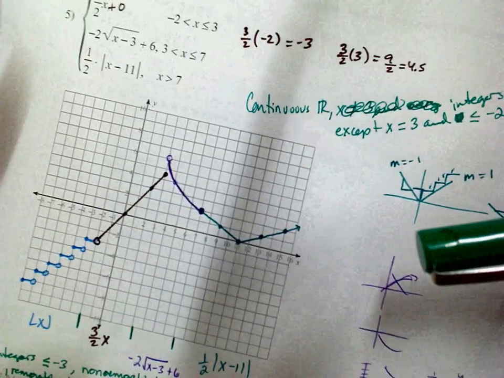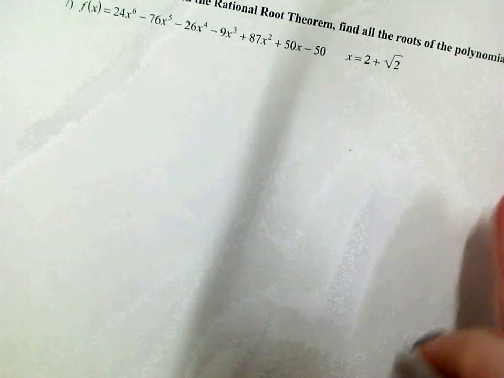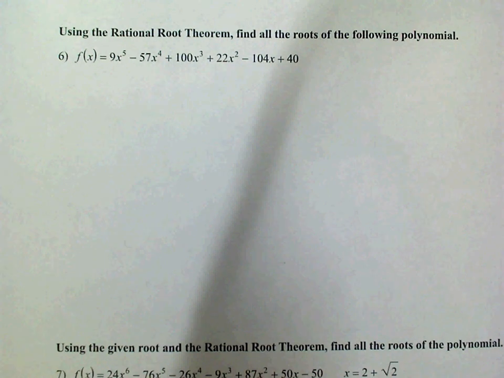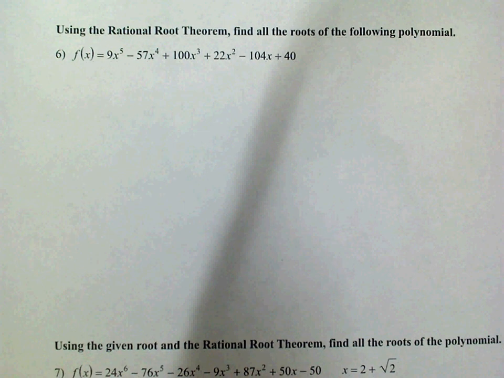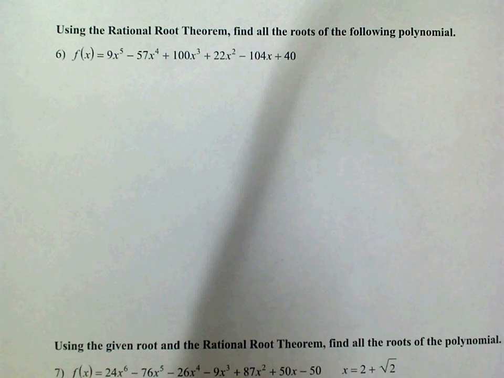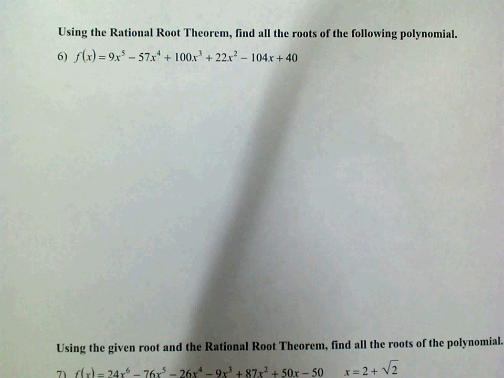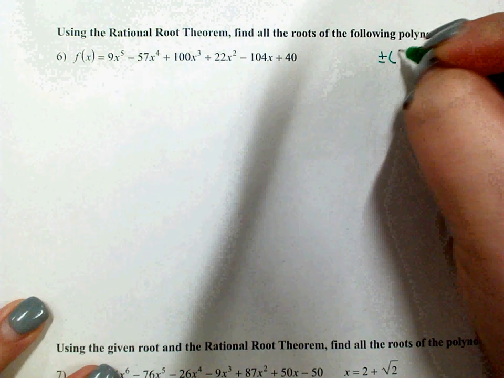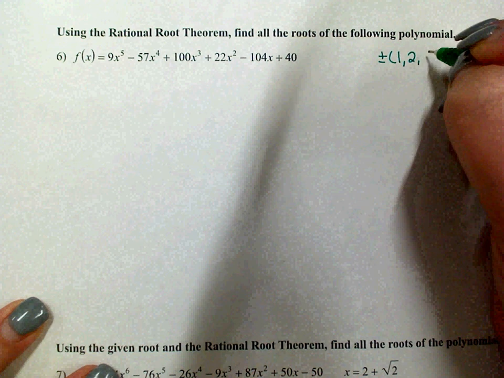Number 6. Number 6 says using the rational root theorem, find all the roots of the following polynomials. So, rational root theorem says I need to find the factors of the constant, 40: 1 and 40, 2 and 20, 4 and 10, 5 and 8.